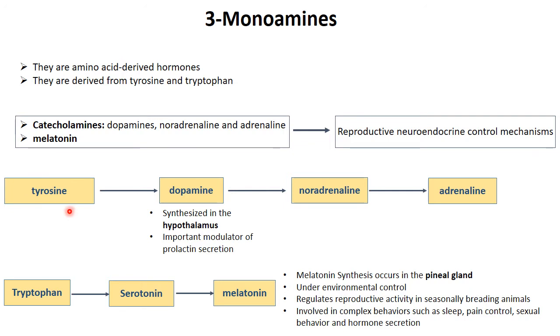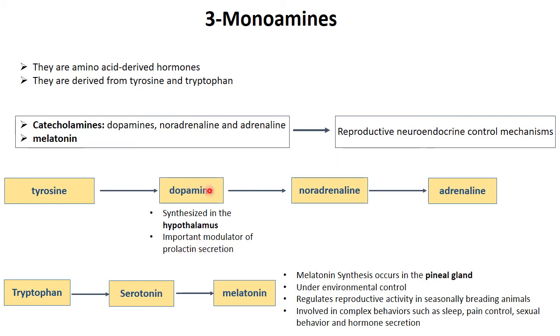Tyrosine, with a few small modifications, becomes dopamine. The synthesis of dopamine occurs in the hypothalamus, and dopamine is an important modulator of prolactin secretion. In fact, it inhibits the secretion of prolactin.